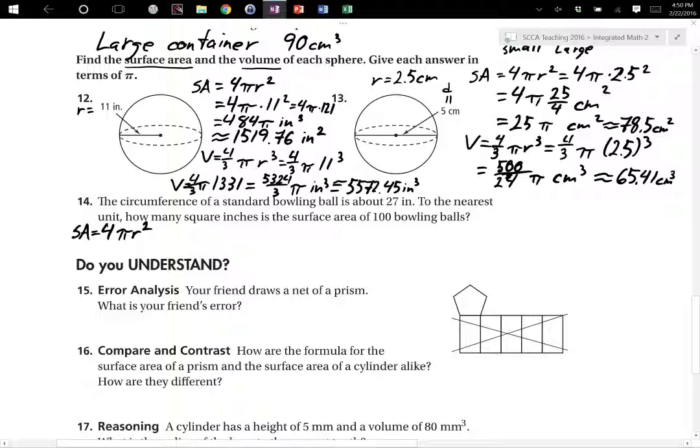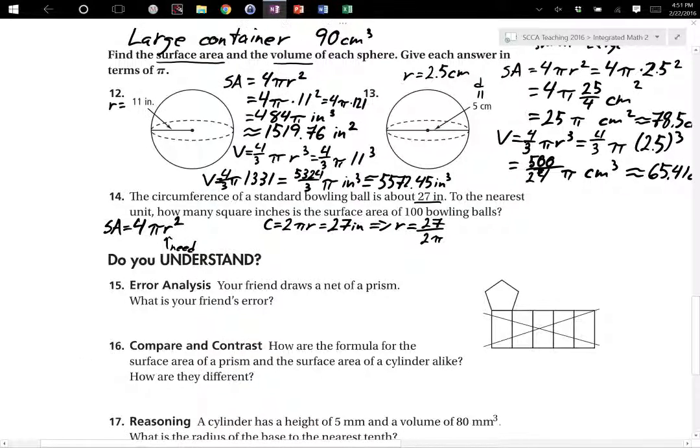I don't know r. I need this. But I have something that'll tell me what my r is. So if I go to my circumference, it is 2 pi r, which is also 27 inches, which tells me that r equals 27 divided by 2 pi.